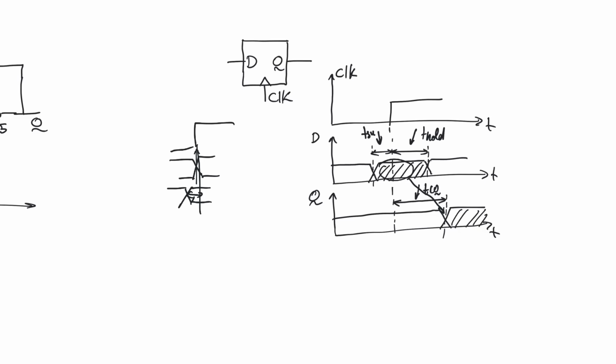The new value of D is defined in a window around the active edge. Now, normally TCQ is a longer delay than T hold. We will find out why. And therefore, if someone asks us to give a single number as a delay number for the register, that single number would be just a delay between D and Q. This is the closest thing to combinational delay we have. Delay between the input changing here and the output changing here.